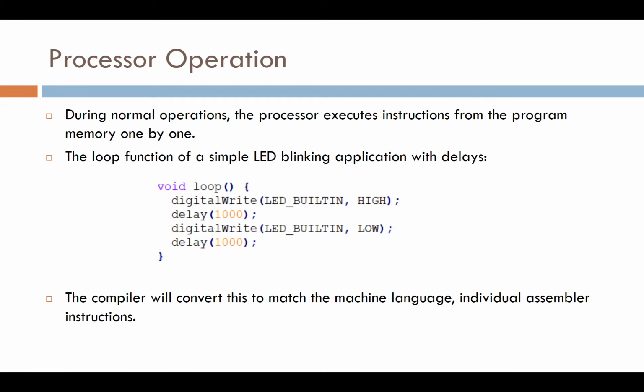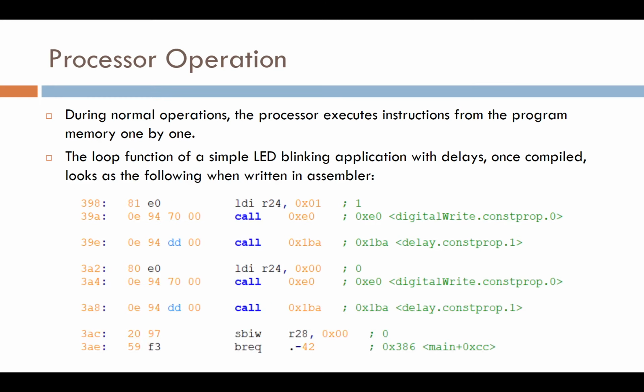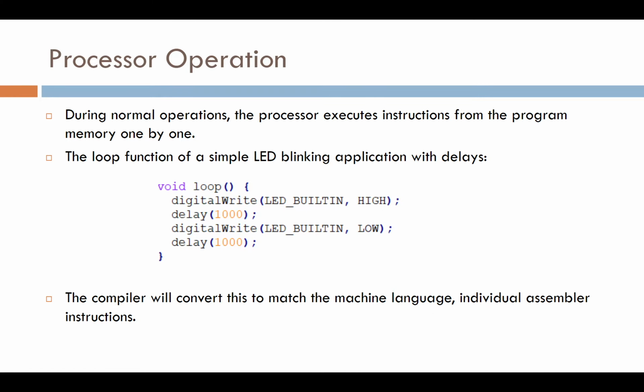If we have that kind of loop, as in that simple LED blinking application, basically that loop will be compiled by a compiler and converted to machine language, individual assembler instructions, which are then micro-coded, meaning just bits and bytes.